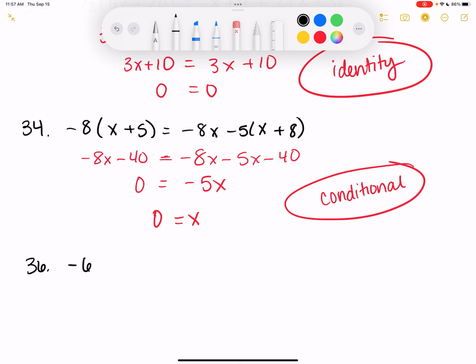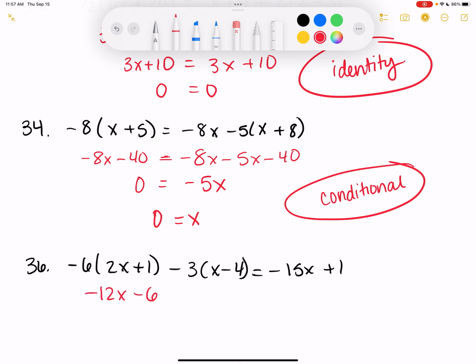36. -6 times 2x plus 1 minus 3 times x minus 4 equals -15x plus 1. Okay, distribute. -12x minus 6 minus 3x plus 12 is equal to -15x plus 1.